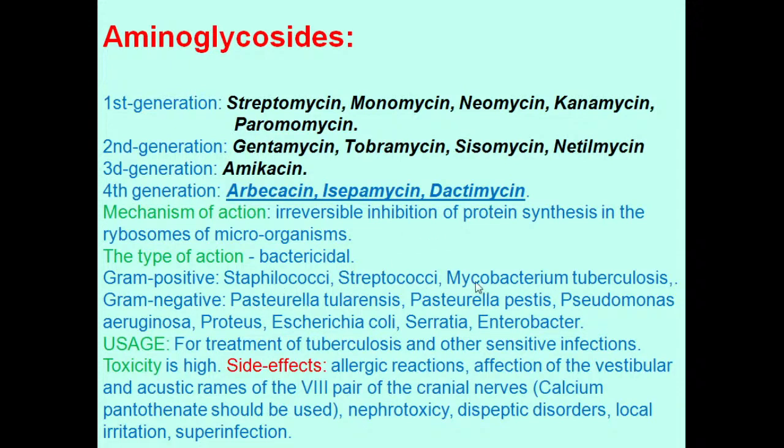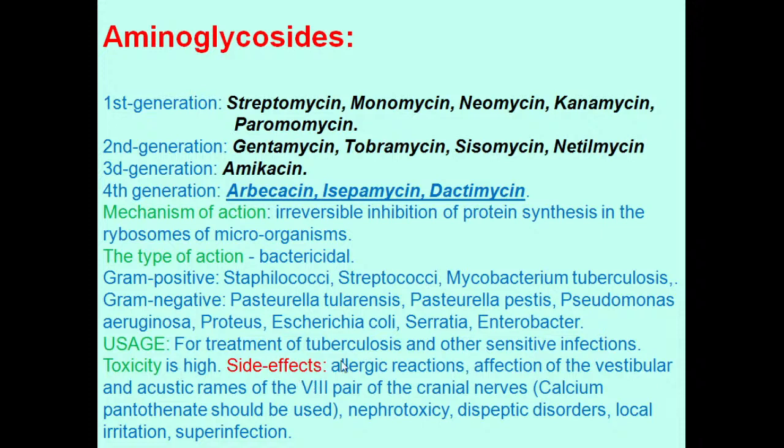Gram-positive: Staphylococci, Streptococci, Mycobacterium tuberculosis; gram-negative: Pasteurella tularensis, Pasteurella pestis, Pseudomonas aeruginosa, Proteus, Escherichia coli, Serratia, Enterobacter, and some others. Usage. Some of them are used for tuberculosis and other sensitive infections. Toxicity is high.